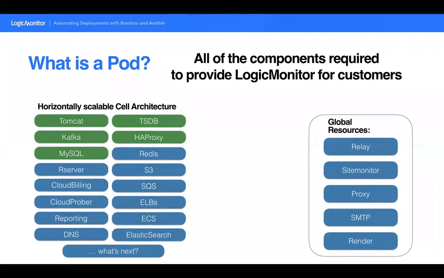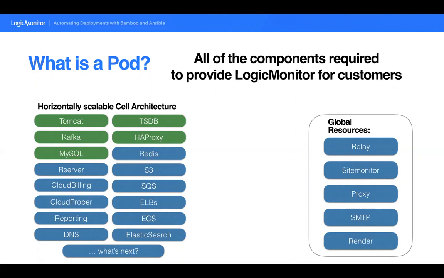As we add new components, we have to apply that component to all of our pods and ensure that the pods, both as customers grow and as applications grow, they stay consistent so that we don't have to deal with one-off problems between our different pods.